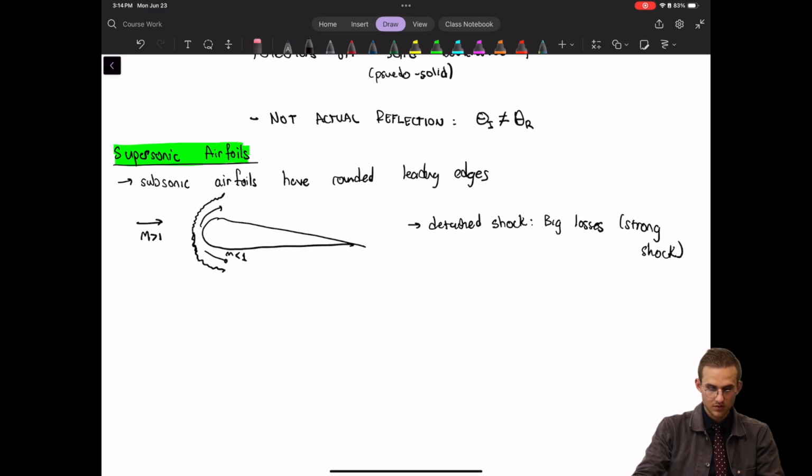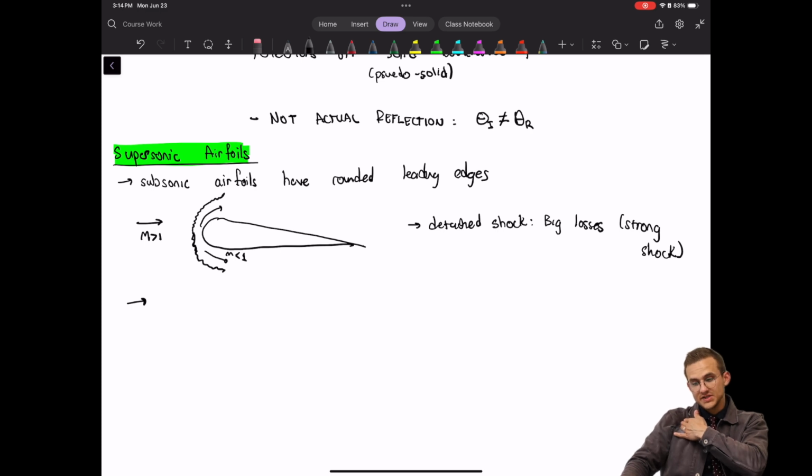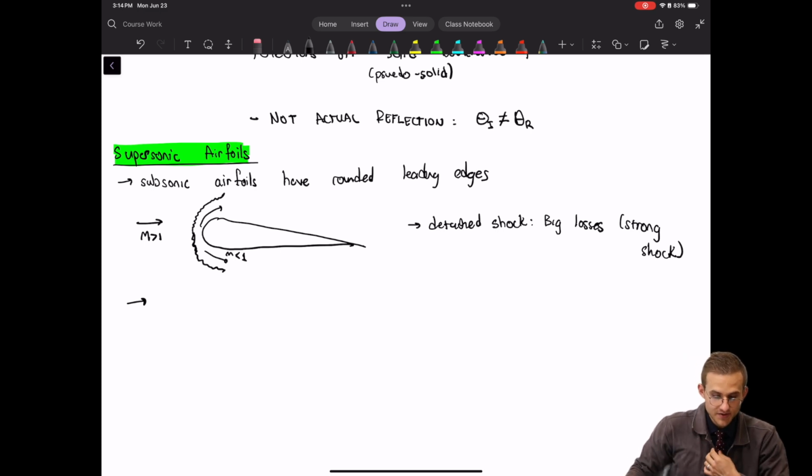Okay, so supersonic airfoils, and this is where another thing you might have observed when you look at aircraft that are meant to travel at supersonic flight speeds, is you might have noticed that they have very sharp leading edges.